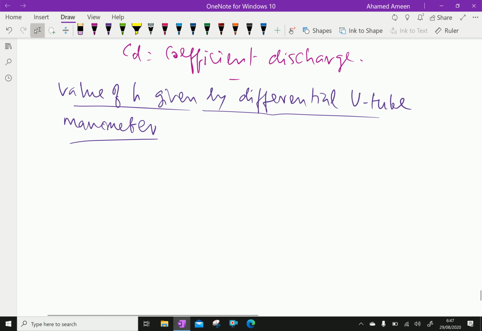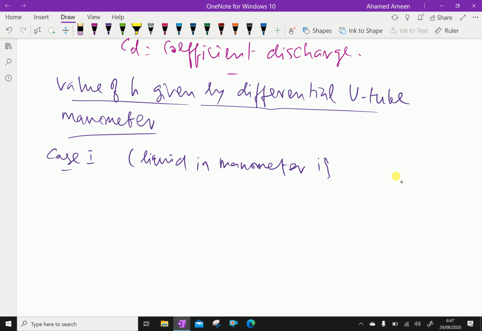Case 1: the differential manometer contains a liquid which is heavier than the liquid flowing through the pipe. That is, the liquid in the manometer is heavier than the liquid in the pipe.